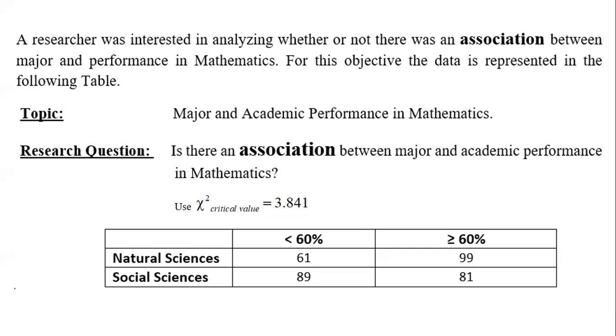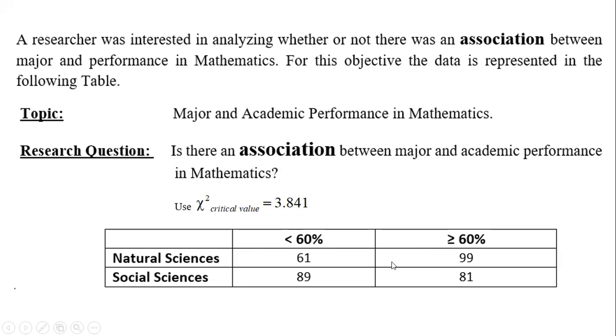To investigate whether or not there is an association between major and academic performance in mathematics, it could be that a test was given amongst the natural sciences and the social sciences, and this table is depicting the results. According to this table, 61 students from the natural sciences scored less than 60%, and 89 students from the social sciences scored less than 60%.